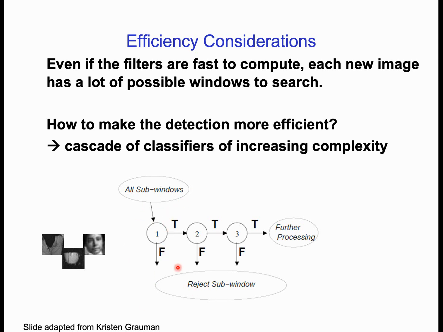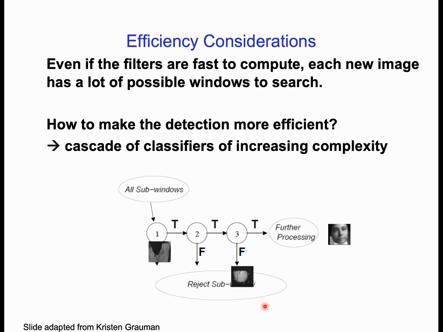The next one is a bit more complicated classifier, getting rid of more of the non-face patches, and the next classifier is even more complicated, getting rid of even more of the non-face patches, in the end leading to a strong classifier that is composed by putting together the entire cascade. If there's a face, it will fly through all the classifiers, each saying that it includes a face. If I have a patch that looks like a face, it will pass through the first simpler classifiers, but at some point a more complicated classifier will say that this is actually not a face.